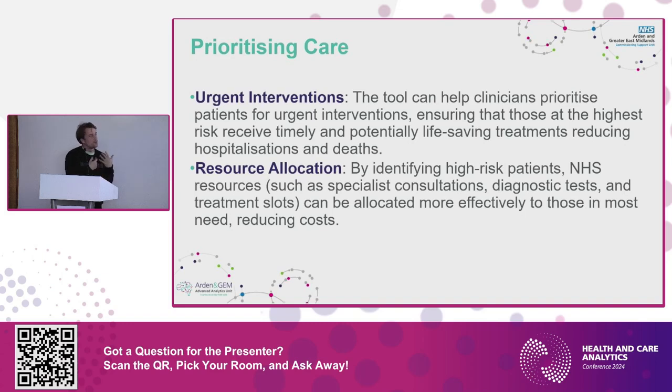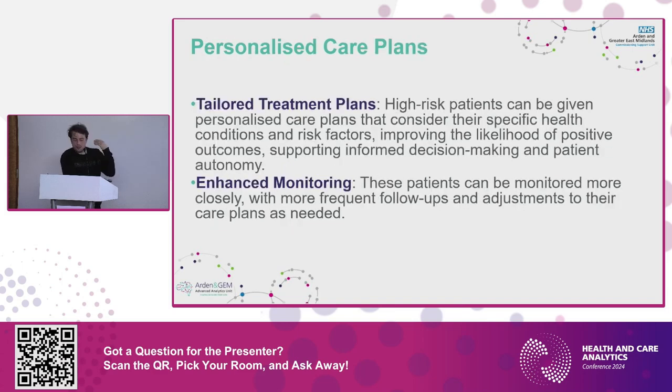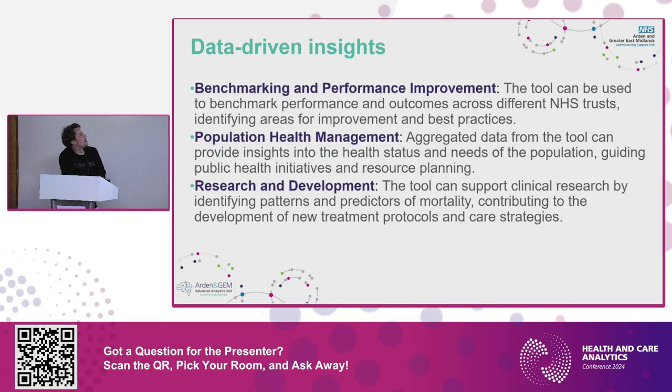That can promote patient-centered care where families and everybody can get involved. Community services can be involved as well, and you can start the process for those at highest risk. So, tailored treatment plans and enhanced monitoring, along the lines of allocating more resources to those who are at risk.